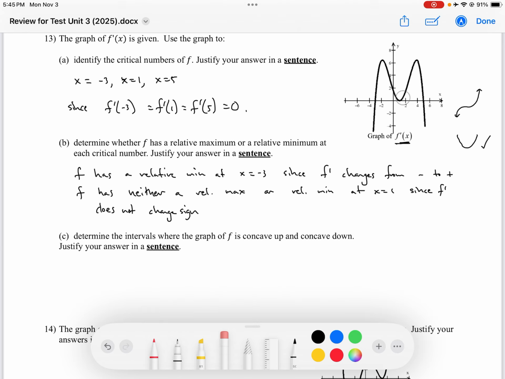And f has a relative max at x equals 5 since f prime changes from positive to negative. So the original function goes from increasing to decreasing, and I would have a relative max. Great. Alrighty.